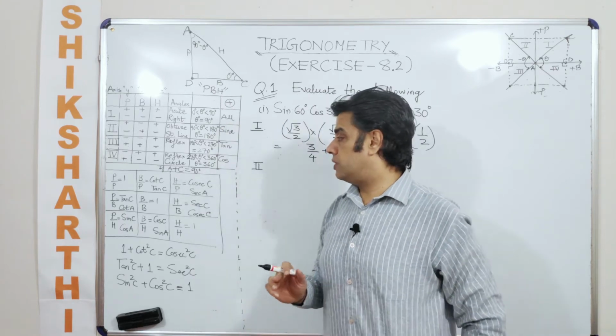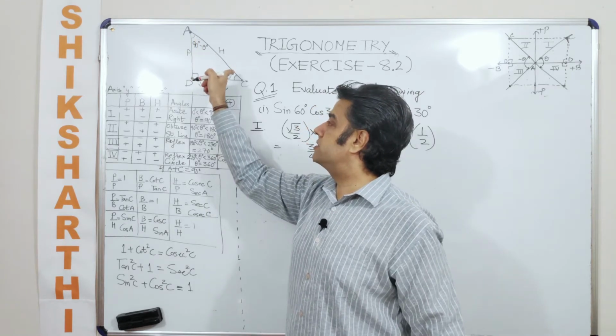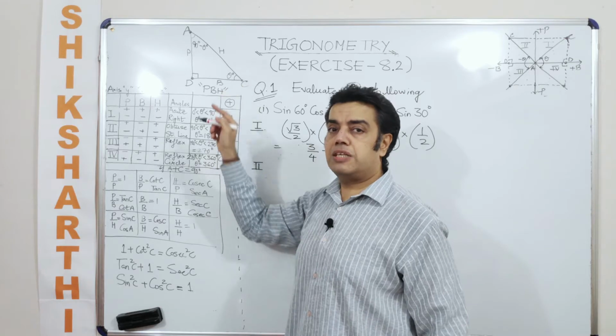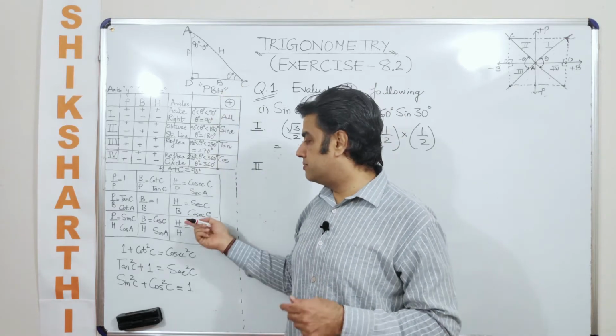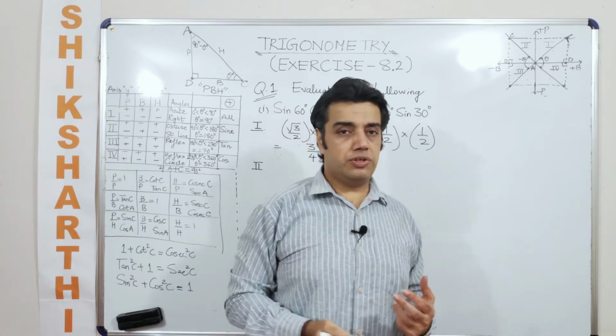In this case, sine A becomes equal to cos C, cos A becomes equal to sine C, and sine C becomes equal to cos A. So these are a few interpretations that you can use.